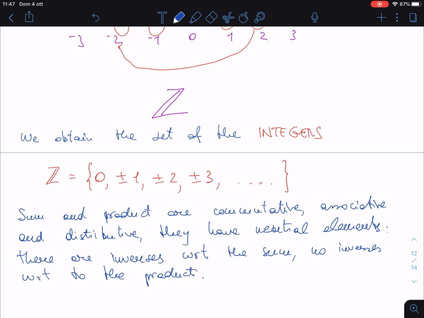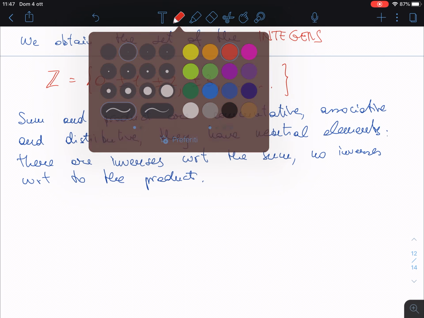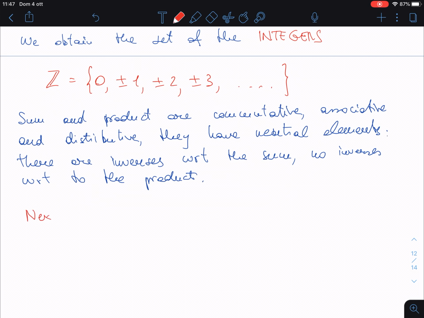And probably you already understood what is the next step. There are two steps indeed. The first step is to include, to add the inverses with respect to the product.